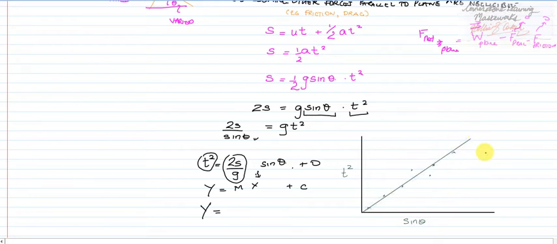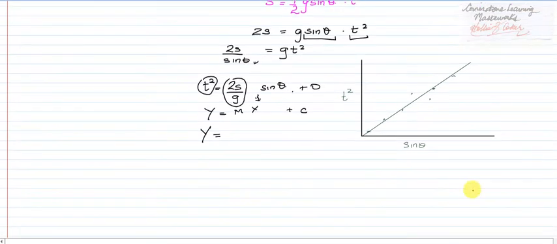So if I find the gradient of this graph, m will be equal to 2s on g in that situation, and you go on to find g.